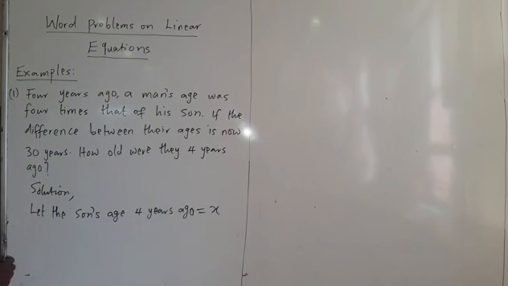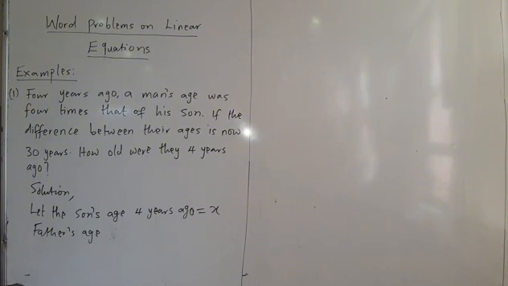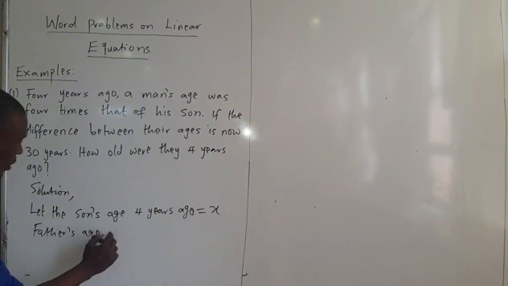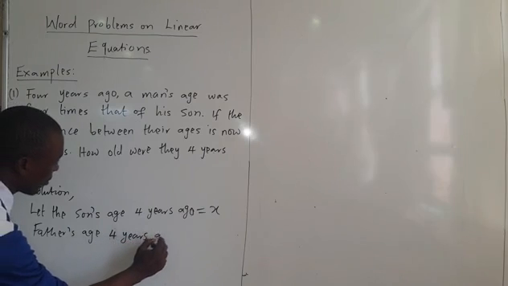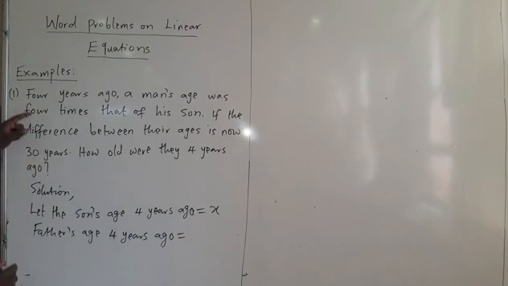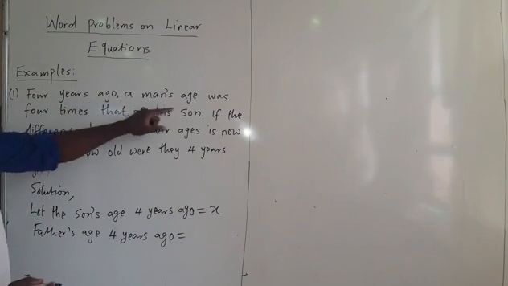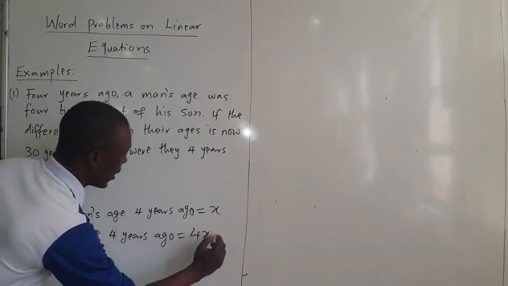Then the father's age 4 years ago equals, 4 years ago a man's age was 4 times, so 4 times x.